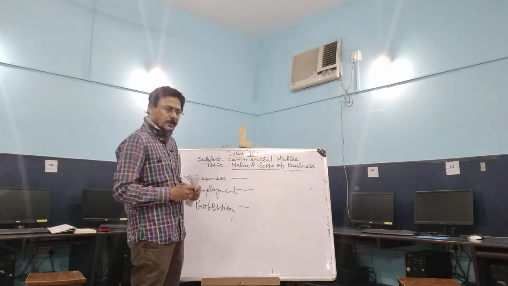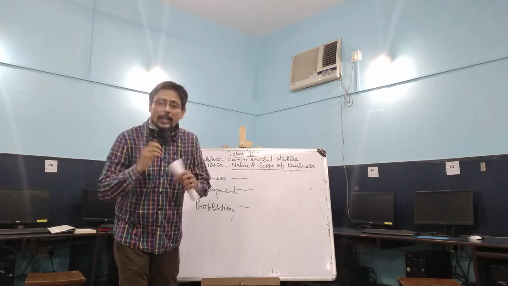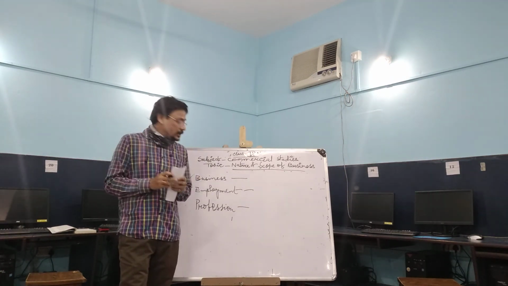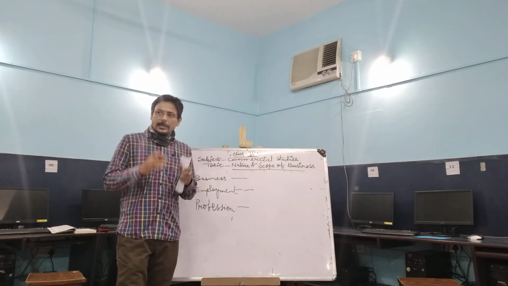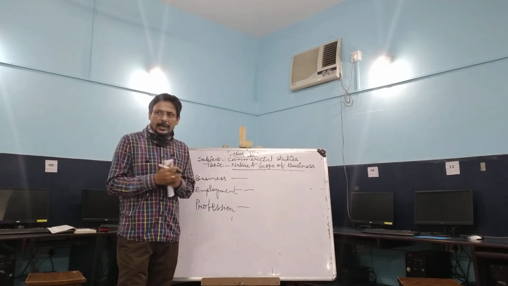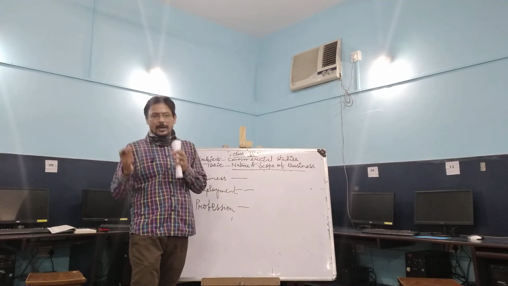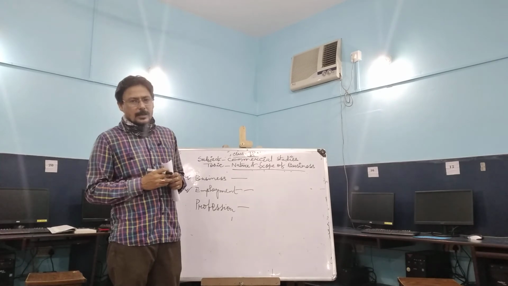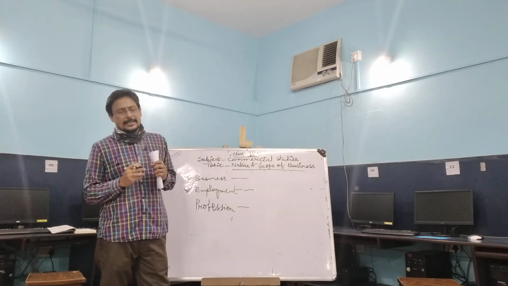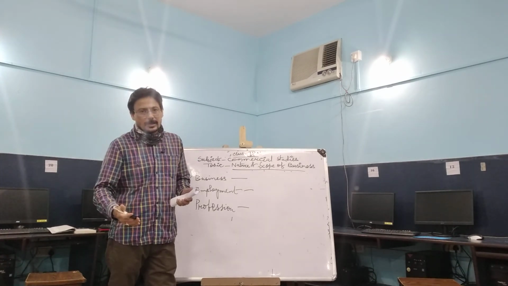And what is profession? Profession is a systematized body of knowledge. Without proper knowledge, a profession may not run. Like lawyer, doctor, engineer, chartered accountant. Most people are involved in the profession because they get different types of knowledge or certificates from different institutions.